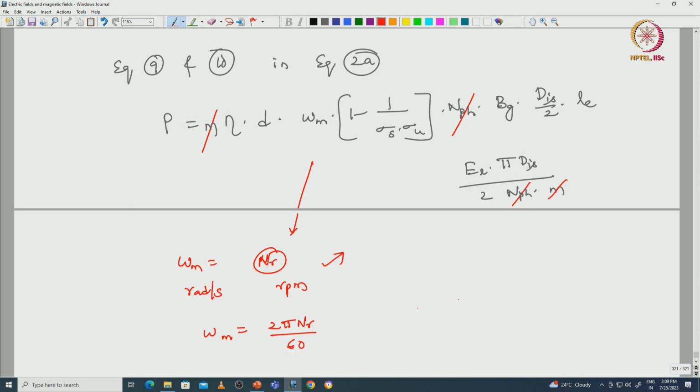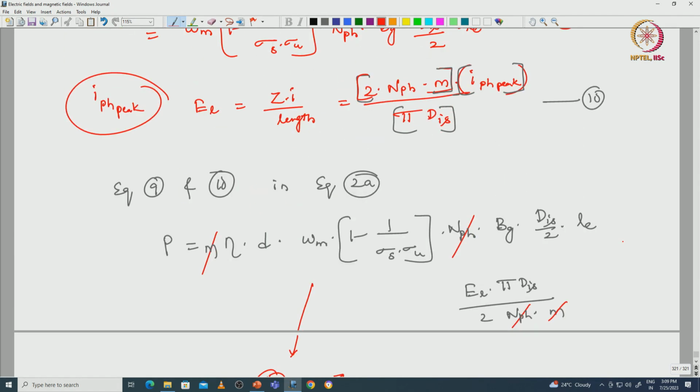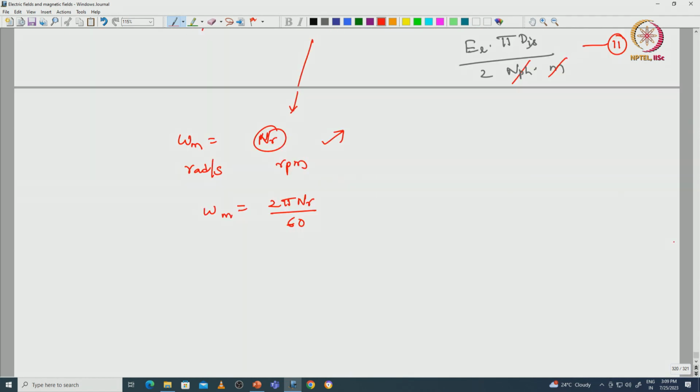Substitute this omega m value in the above power equation, that is equation number 12 in equation number 11.